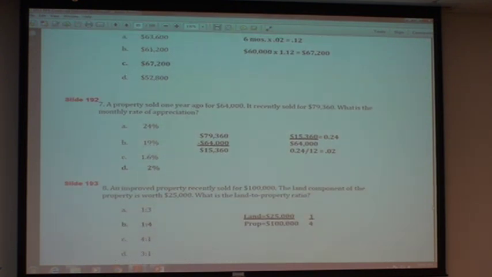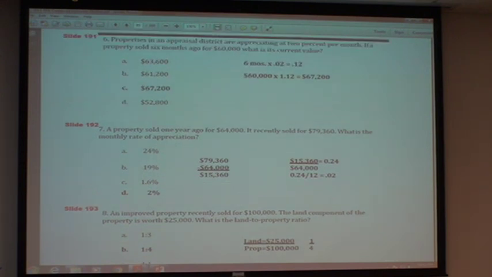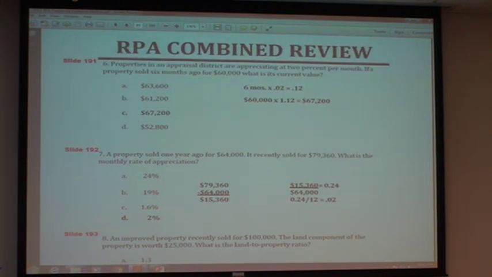Let's do question number 7 here. A property sold a year ago for $64,000. It recently sold for $79,360. What is the monthly rate of appreciation? So it sold a year ago for 64.